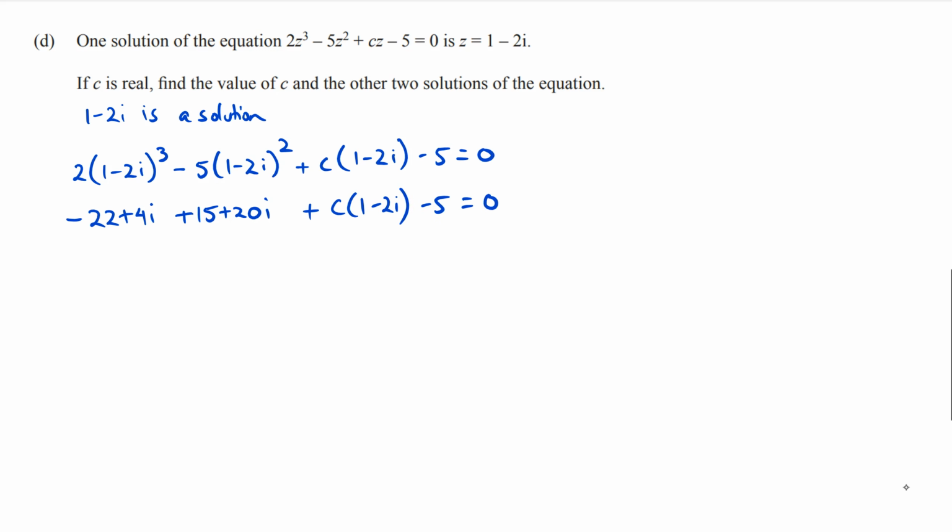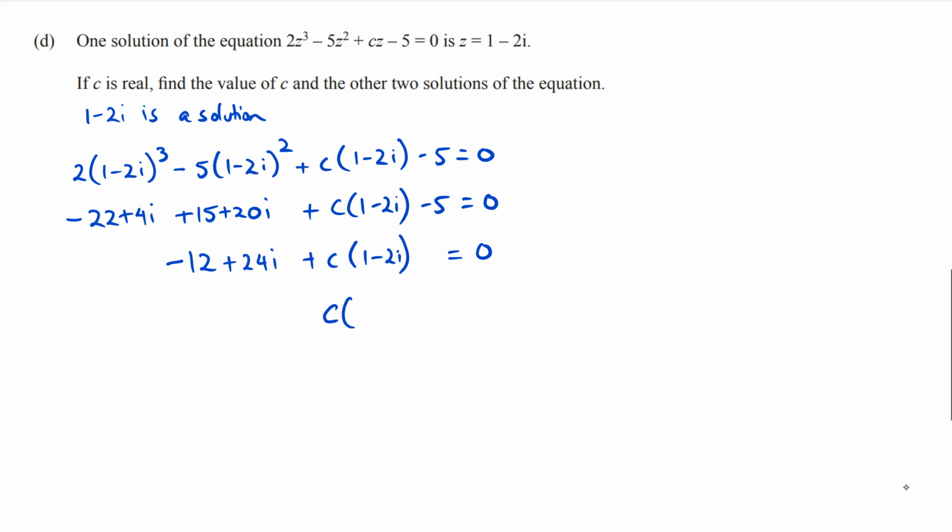Minus 5 equals 0. So now combining everything here, negative 22 minus 15 minus 5 gives me negative 12 plus 24i, plus c times (1 minus 2i) equals 0.